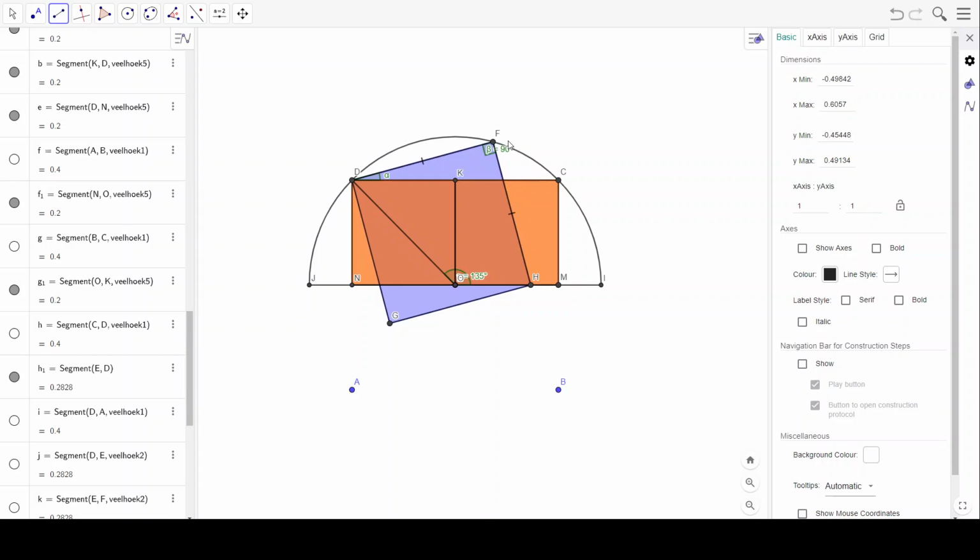Now we have a very nice configuration of a right isosceles triangle over here, with 2 45-degree angles and a right angle, and a triangle which has an angle of 135, and that's exactly a configuration of a quarter circle.